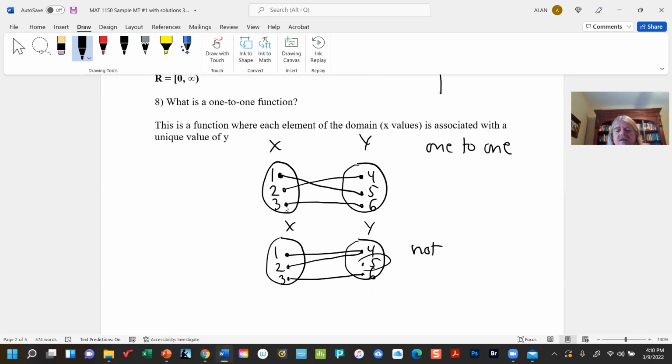It's still a function because each x is associated with one y. It's just that this y is missing an association with x.